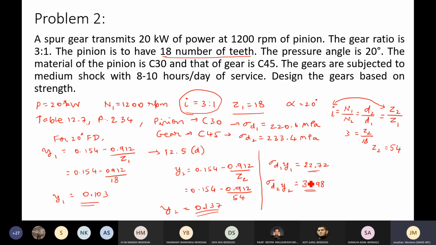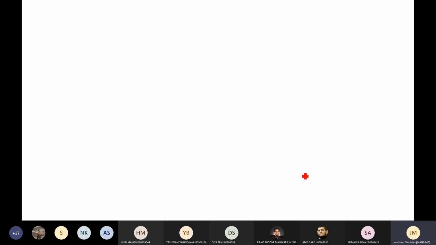So you can write your conclusion. Since sigma d1 y1 is lesser than sigma d2 y2, the pinion is the weaker member.